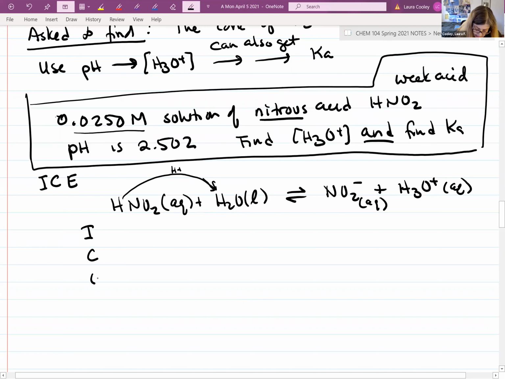Then we write ICE. Maybe I should make it start, change, and equilibrium. So this would be 0.0250 molar, and 0 initially for the products, and we don't care about the water. If this loses X, this gains X. All of these coefficients are 1 in most of these acid problems, so they're actually easier than a lot of the equilibrium problems.